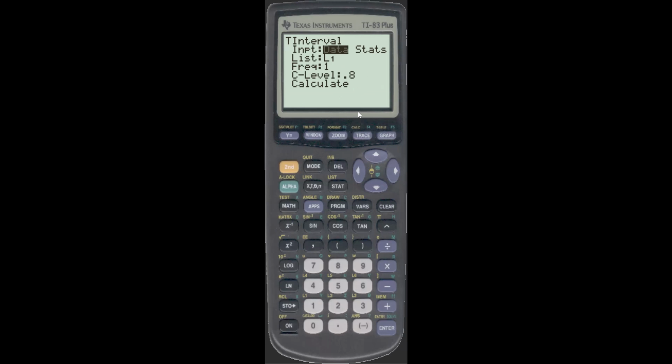And this time you're going to use your data. The C level is 0.95. Let me grab a snip of this, and now I'll hit calculate. For that one, you use data, right?